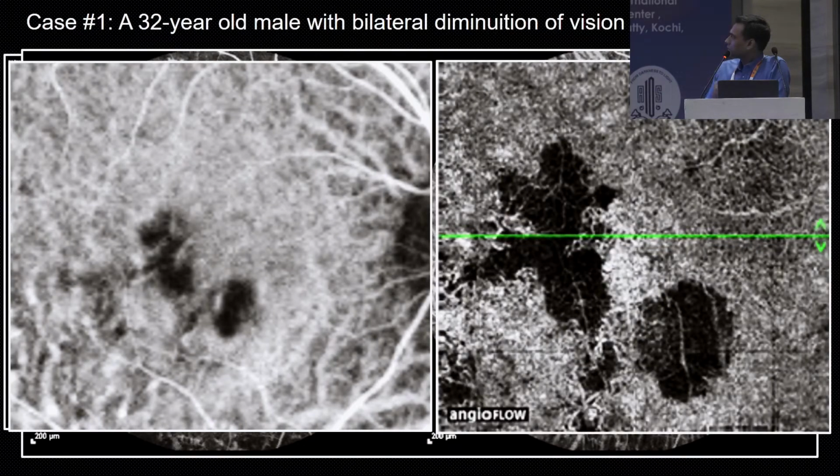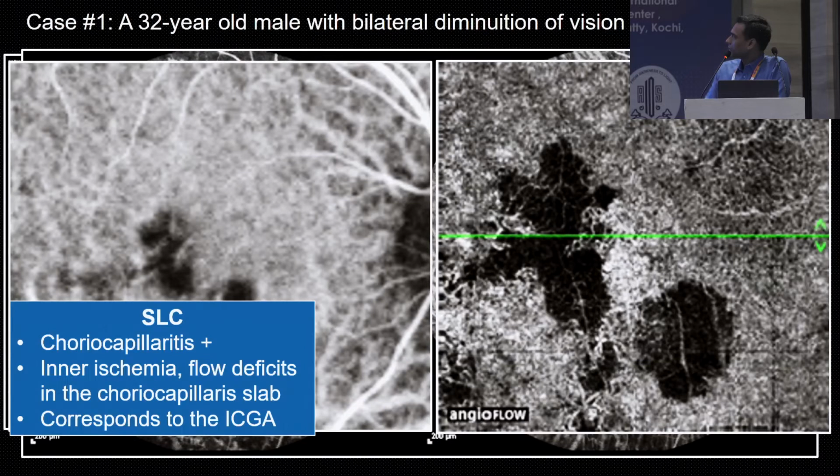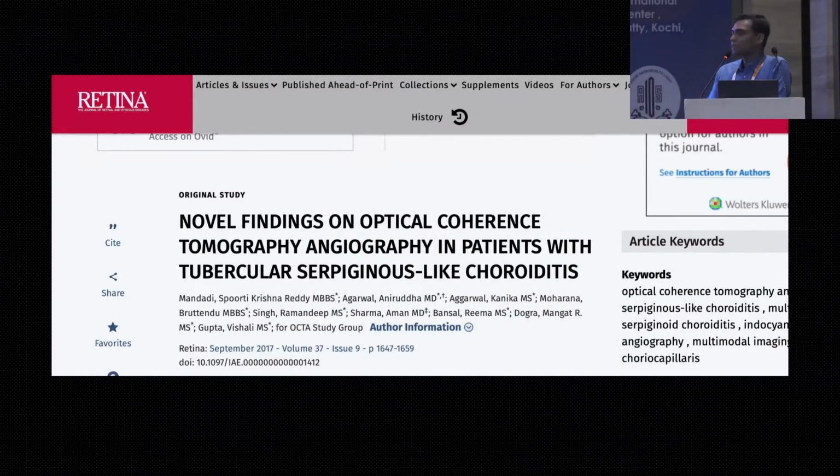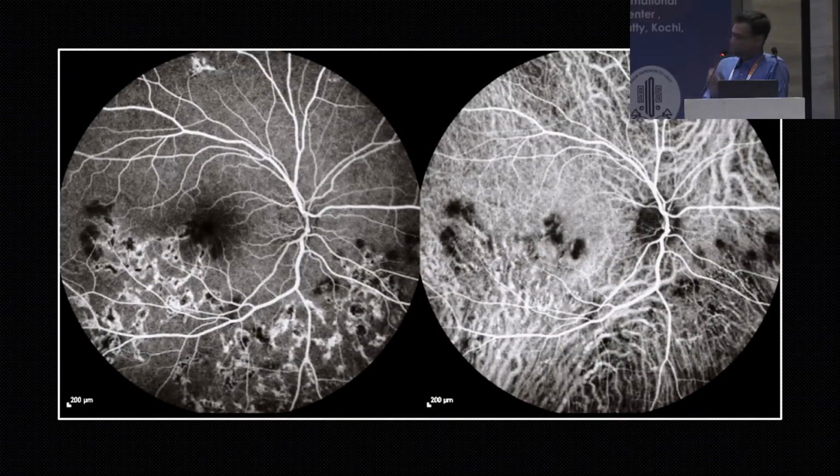Here the low flow or no flow areas on the ICG scan are seen when compared to FFA, and you can see the extent of low flow lesions vis-a-vis the fundus fluorescein angiogram. There is choriocapillaritis, inner ischemia, and flow deficits in the choriocapillaris slab. It corresponds to ICG, but in a clearer manner. These have been published by the presenting author.